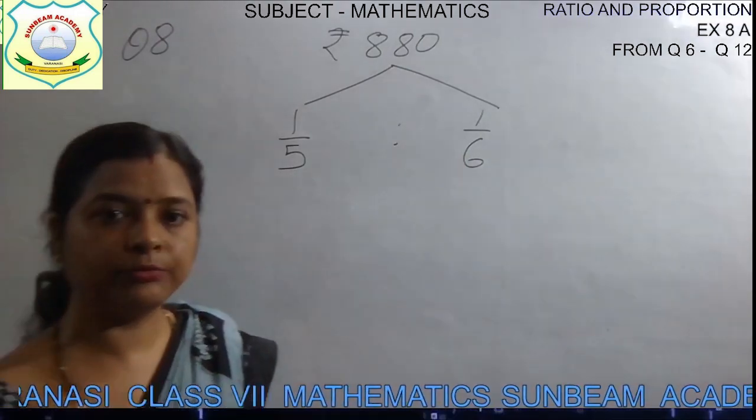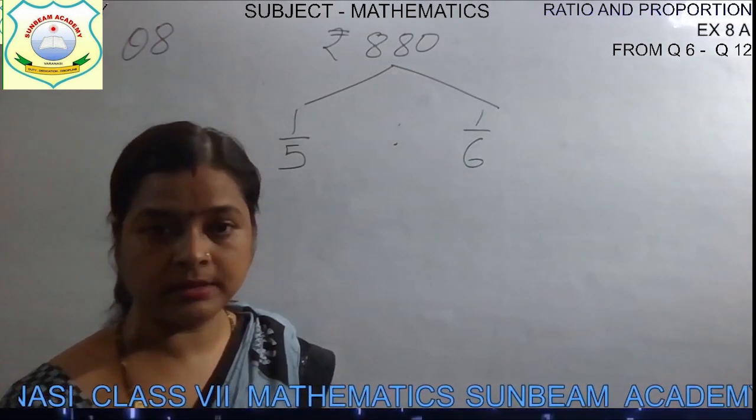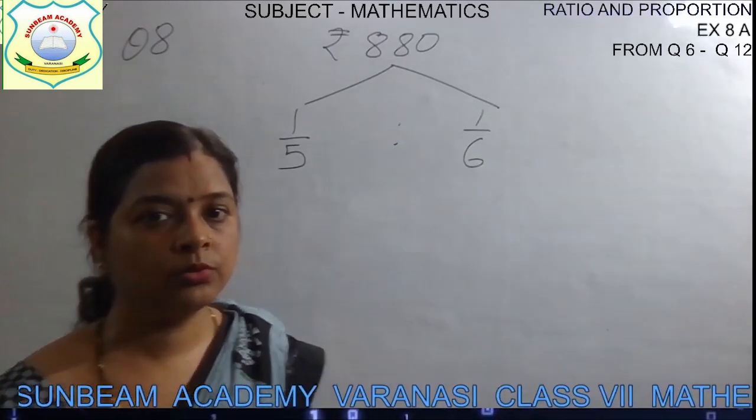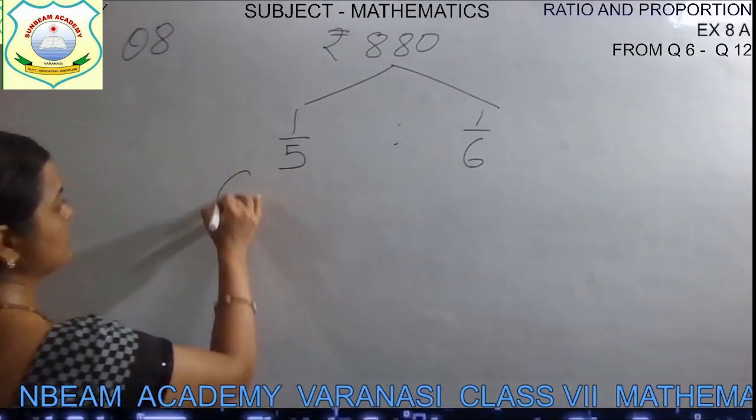In this way we have to divide this money. Okay. See the question again: divide 880 between Rajan and Kamal in this ratio. So this belongs to Rajan.